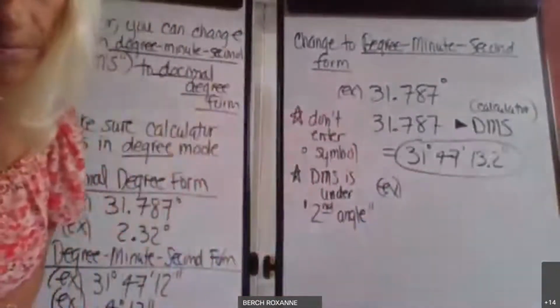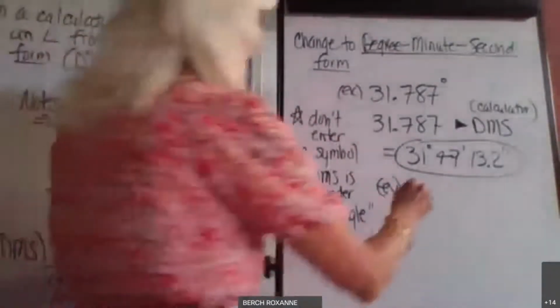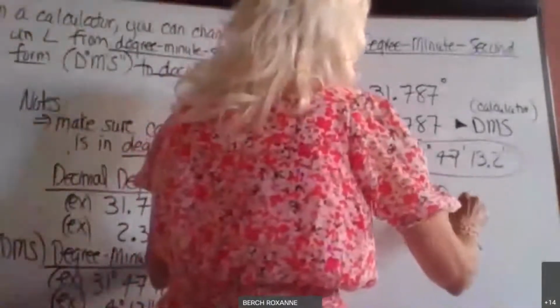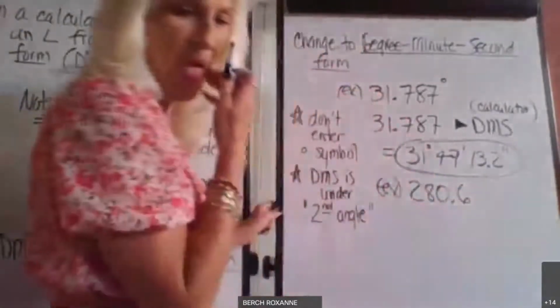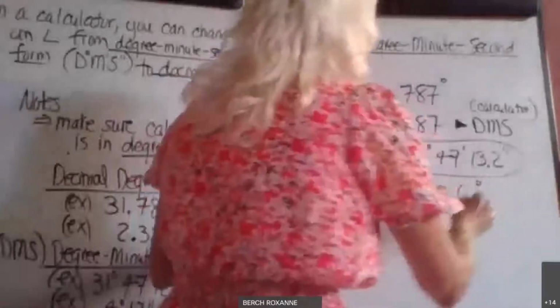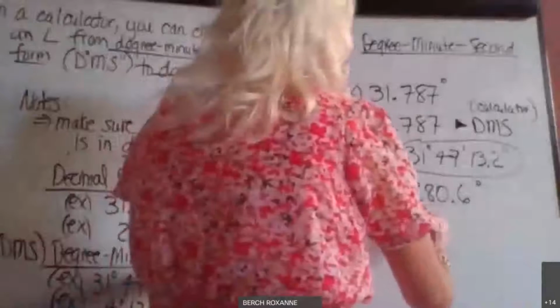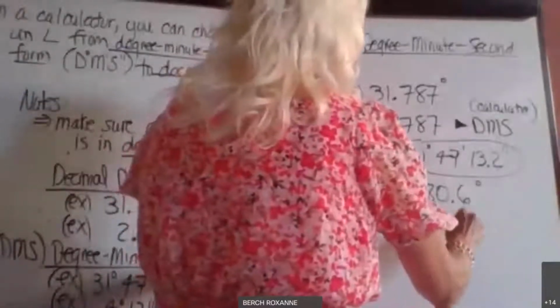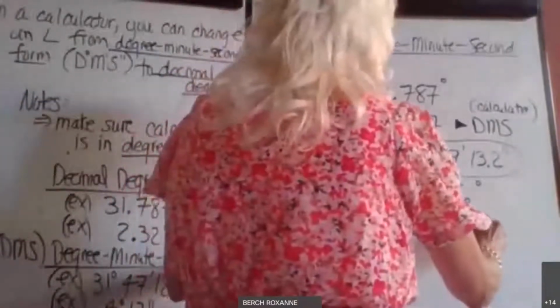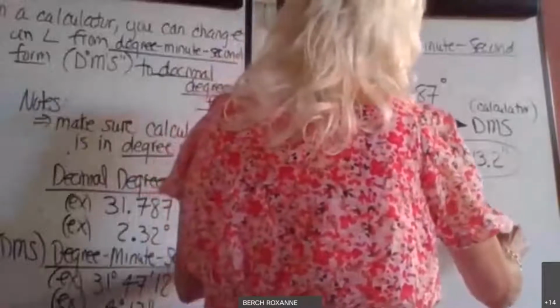Let's do another one. 280.6 degrees. So once again, you're going to put in 280.6 into the calculator and hit the DMS key.